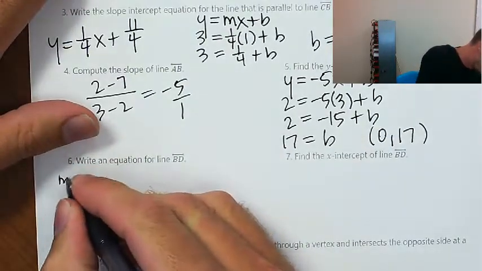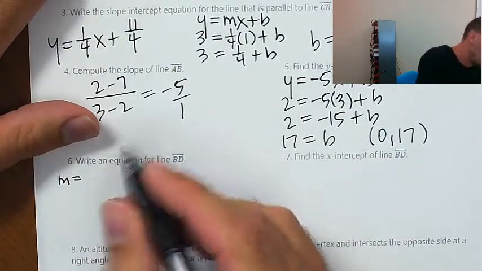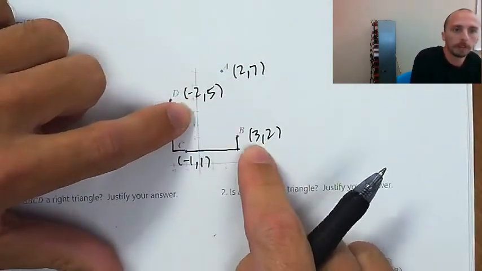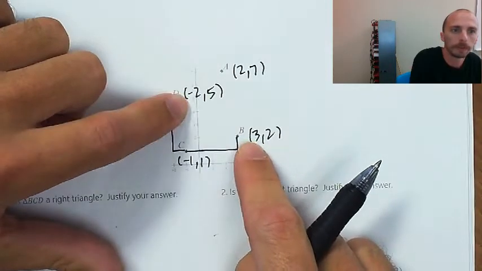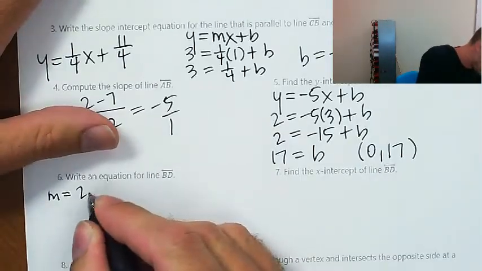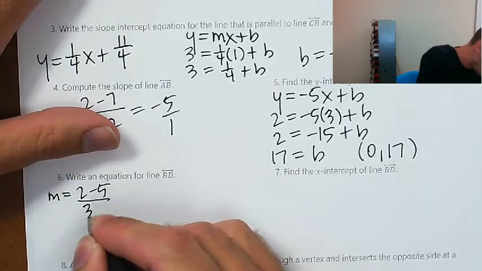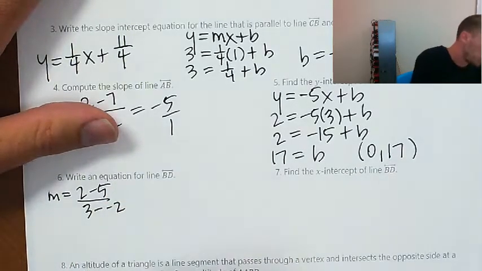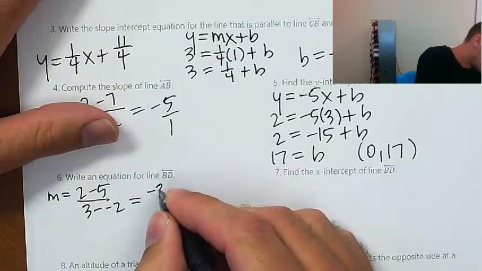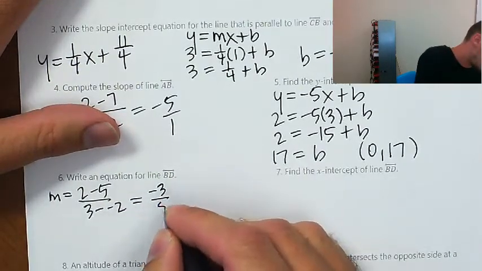The slope is y2 minus y1, 2 minus 5, over x2 minus x1, 3 minus -2. And 2 minus 5 is -3. 3 minus -2 is +5.